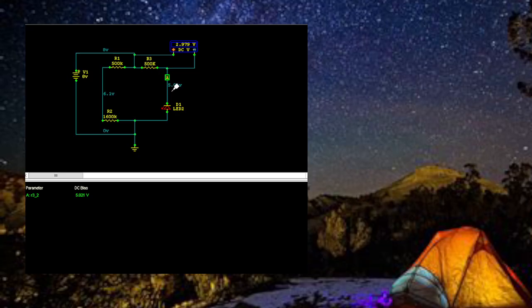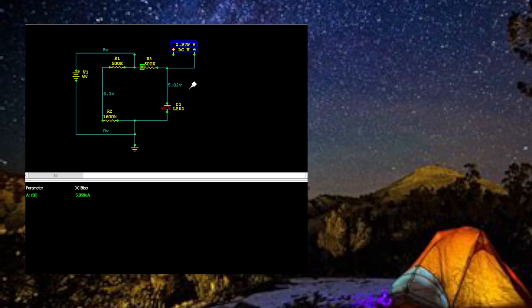I've got a difference of 1 volt between the 2 lines. Now it's reading 6 microamps.